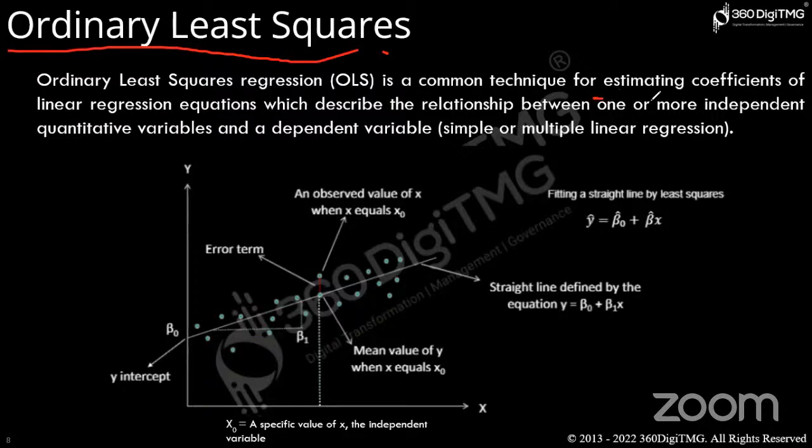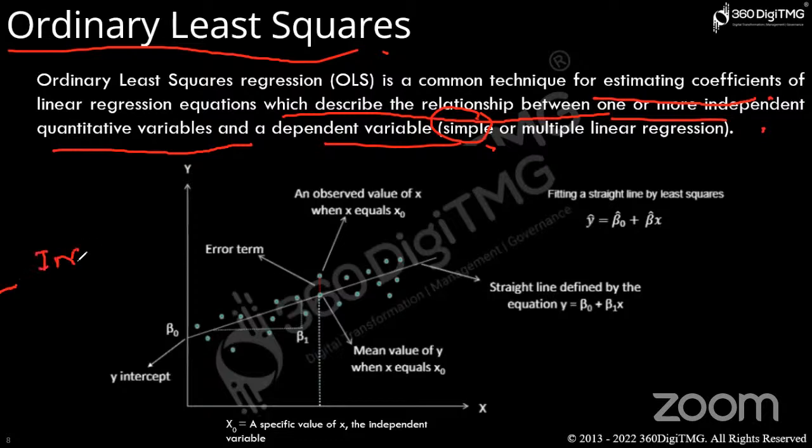It is a common technique for estimating the coefficients of a linear regression equation, which describes the relation between one or more independent quantitative variables and a dependent variable. Here we are taking simple linear regression, so we will have just one independent variable and one dependent variable.